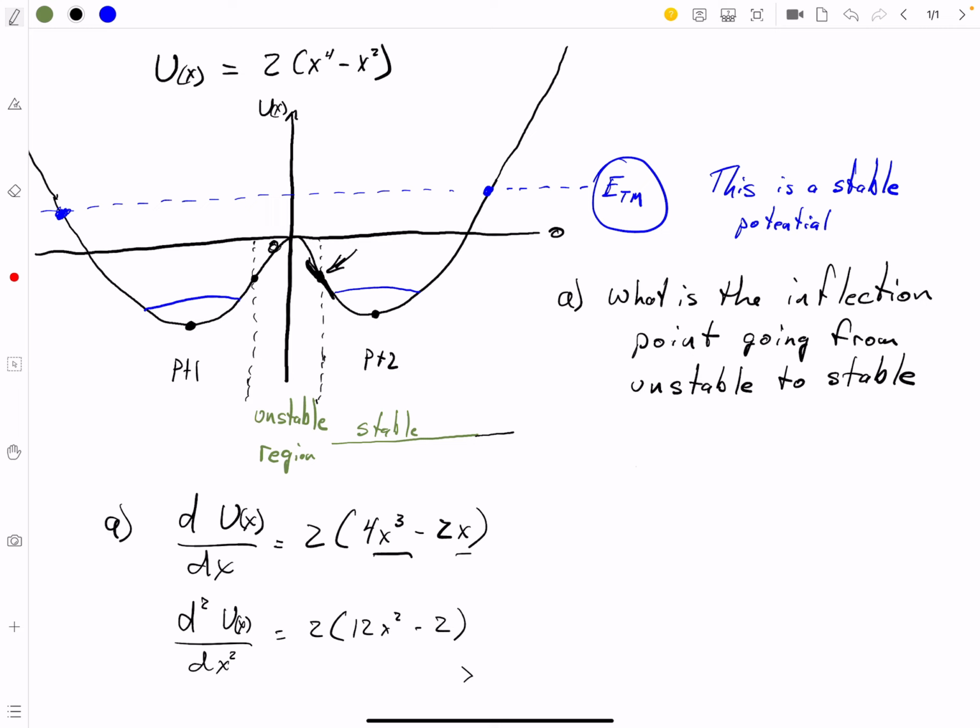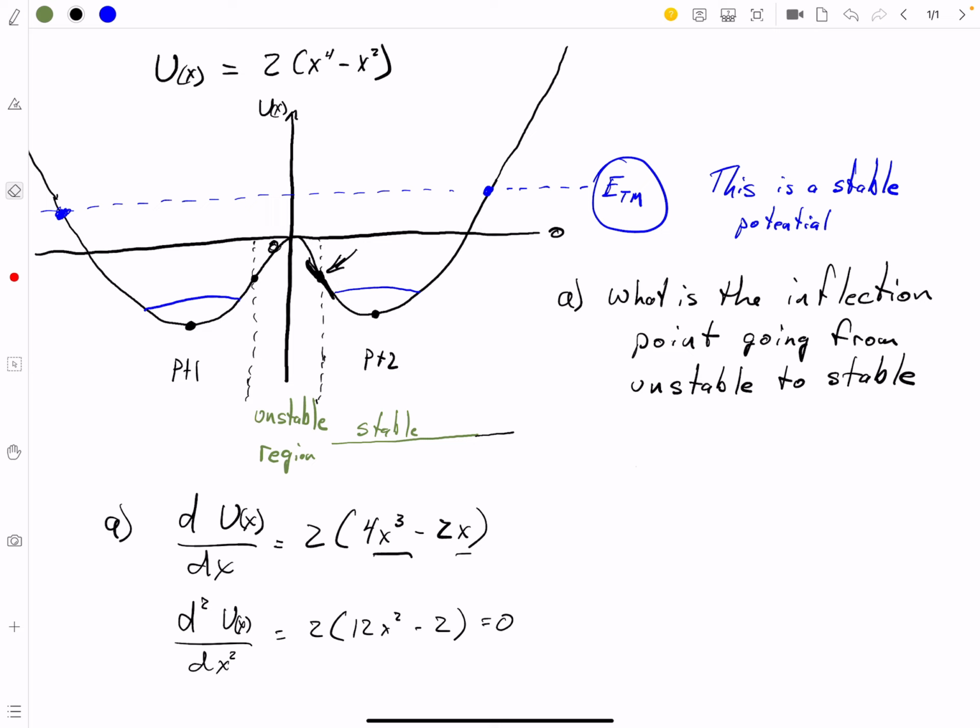And if we say that that equals 0, now we're cooking, okay? Because we're only going to have 2 spots that that's the case. And those are our inflection points.